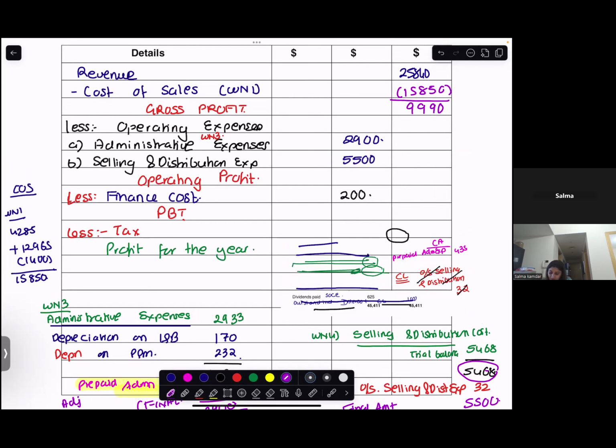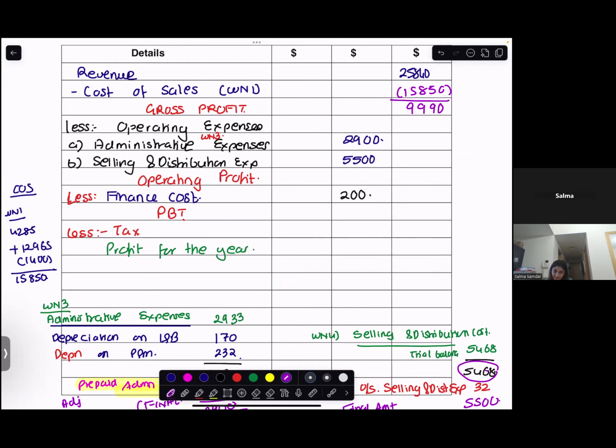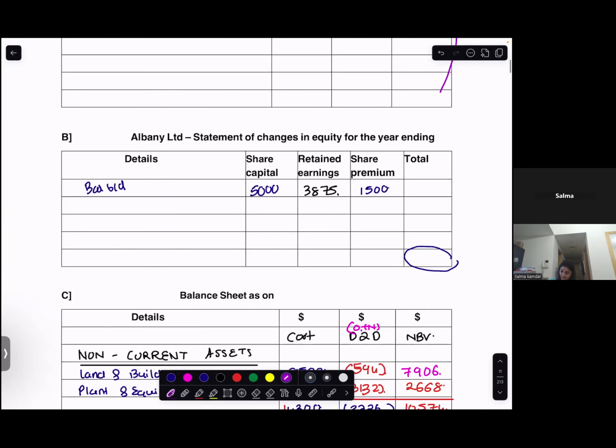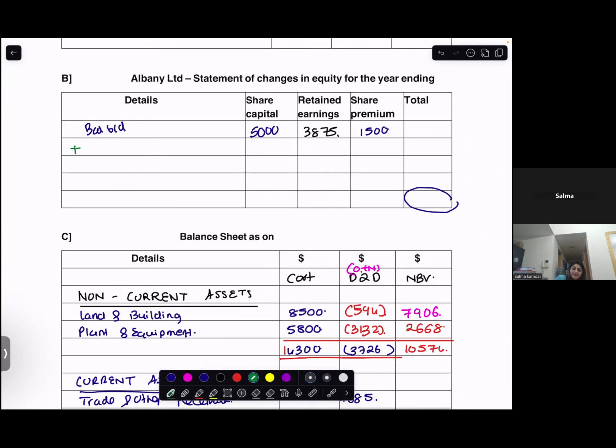Okay. Now dividend paid would go where? In the SOCE. So over here I will add the profit for the year. I would deduct the dividend paid. So my dividend paid is 625.